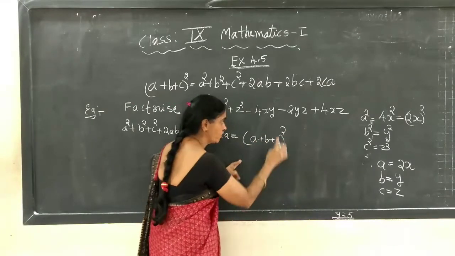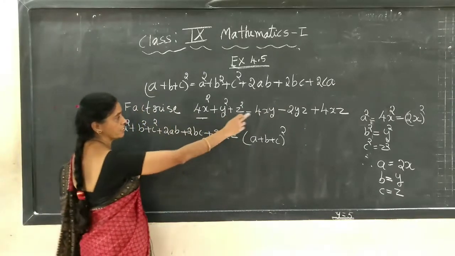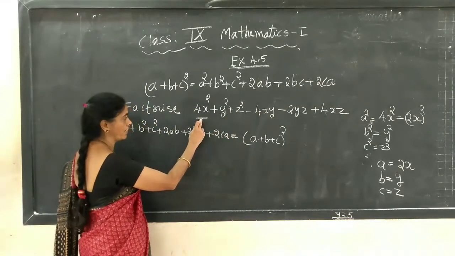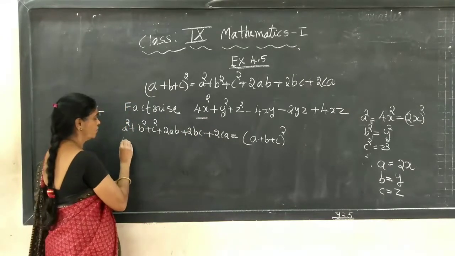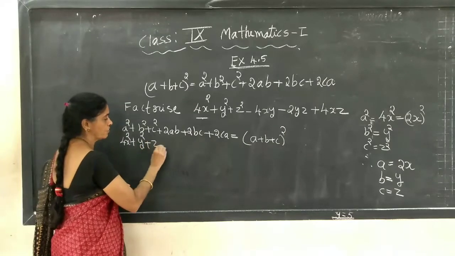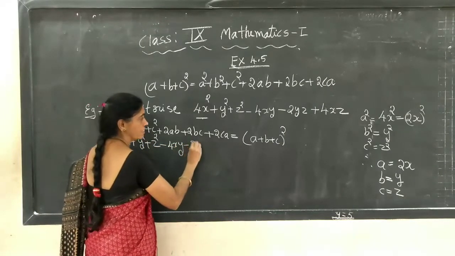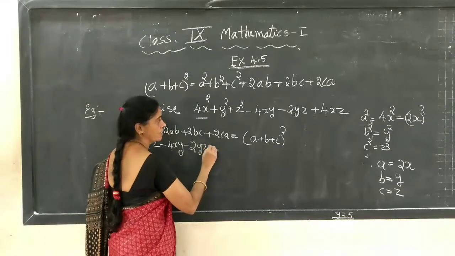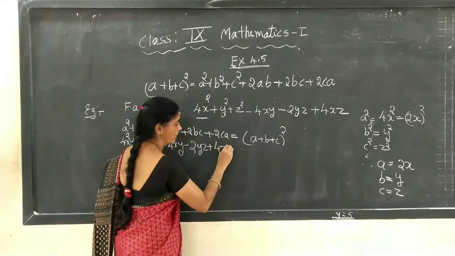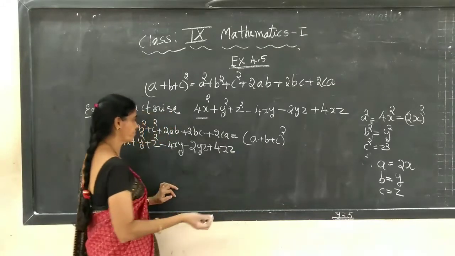This we have to find out in this example. Now, which is the number they have given? This is the term they have given. So, instead of this, I will write now: 4x square plus y square plus z square minus 4xy minus 2yz plus 4xz. Okay, we have to find it.